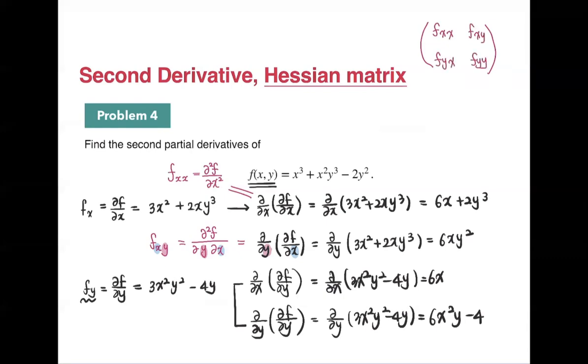So if we want to find the Hessian matrix, it is just a notation, and this is given by, in this case, fxx is 6x plus 2y cubed, and fxy is given by 6xy cubed, and fyx is 6x.